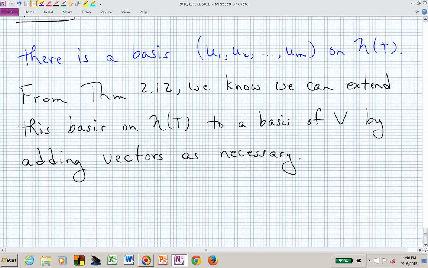Let's define something. Let U1, U2, up to U sub m be m of our domain basis vectors. Let's complete that with some w's: W1, W sub 2, up to W sub n.